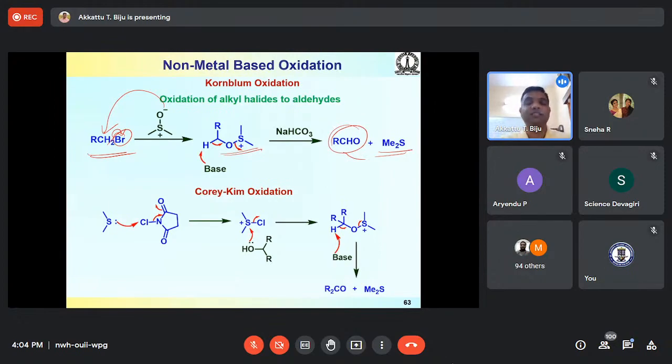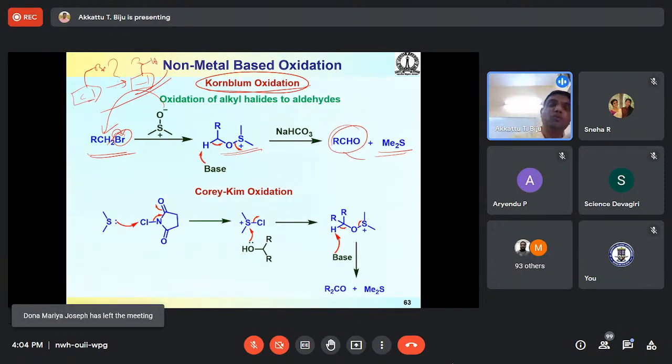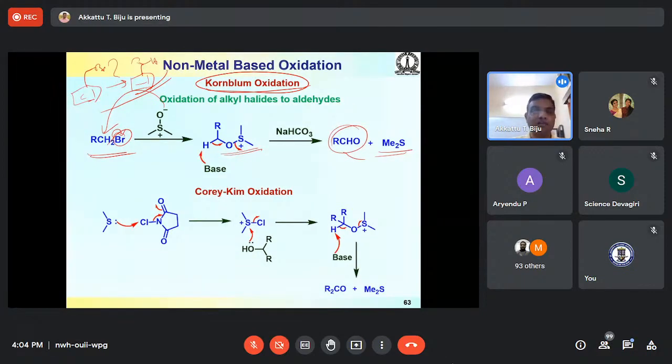This oxidation reaction is known as the famous Kornblum oxidation. It can be useful for converting benzyl bromide to benzaldehyde, without using oxalyl chloride or any other reagent, and you don't have to proceed via the benzyl alcohol either. An alkyl halide can be directly converted into an aldehyde derivative by using the Kornblum oxidation conditions.